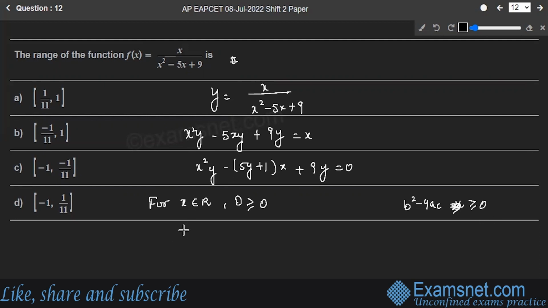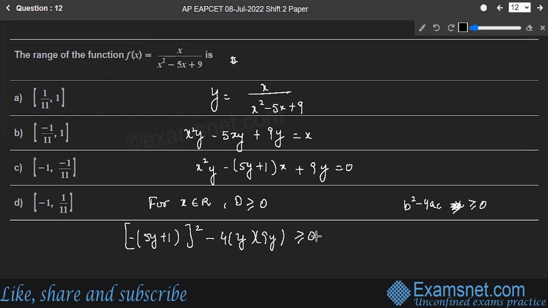Right? So what is the b in this case? It's minus (5y plus 1) square minus 4 into a is y and c is 9y.